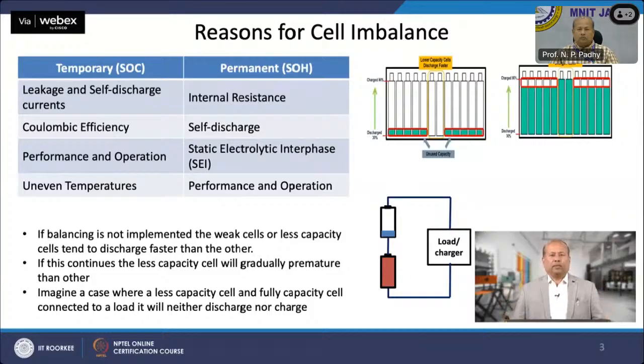Cell imbalance can be categorized majorly into two types. First one is temporary and the second one is permanent.